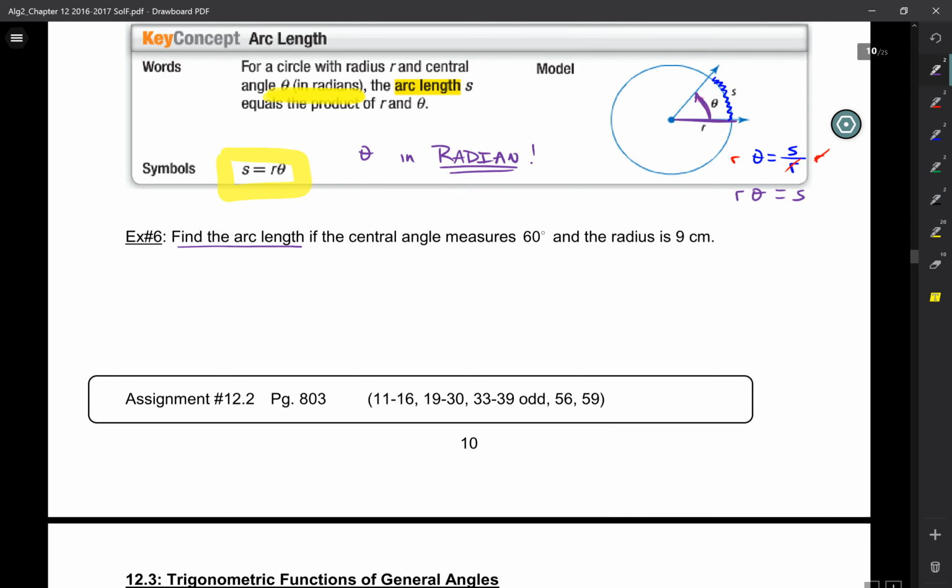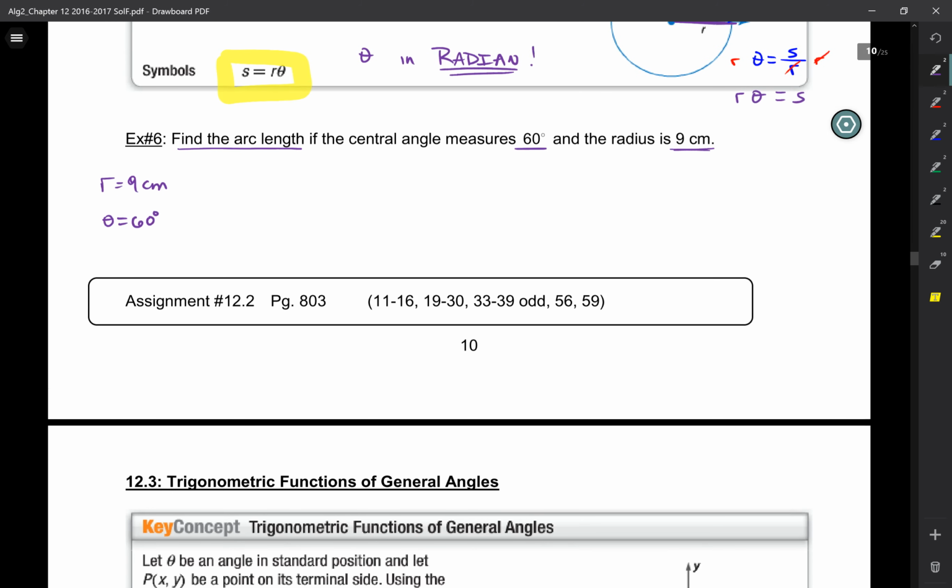So, you have to find the arc length here. The central angle measures 60 degrees and the radius is 9 centimeters. Theta is 60 degrees. Is that usable for me? I have to convert it by multiplying by pi over 180, and it ends up being pi over 3. Why did you have to convert it?